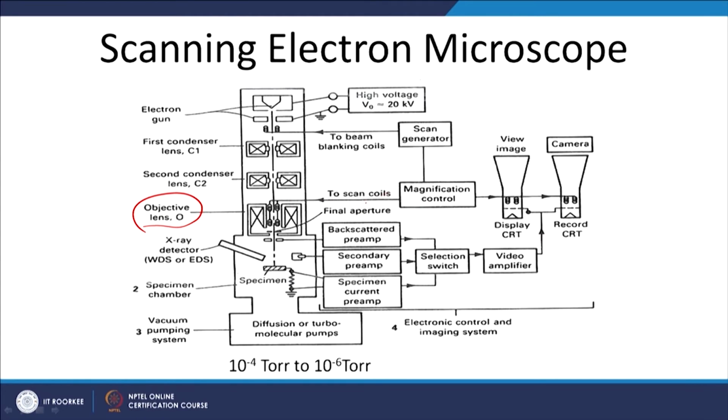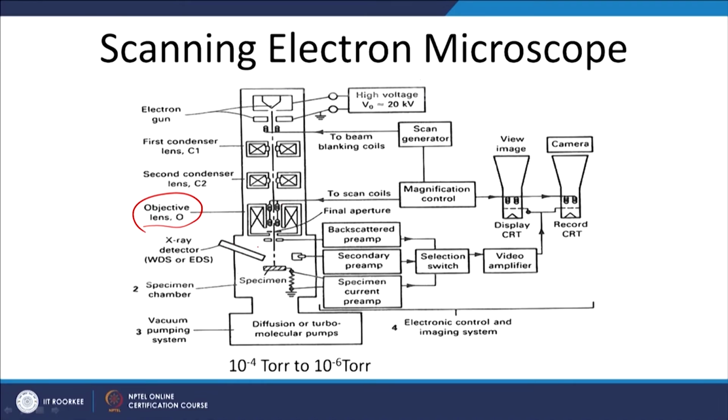The scanning coil is connected to a magnification control unit, and the magnification control unit is connected to a scan generator. Basically the scan generator does the scanning, and a beam blanking coil is attached to the scan generator. In the electron gun we apply a high voltage like 20 kilovolt.